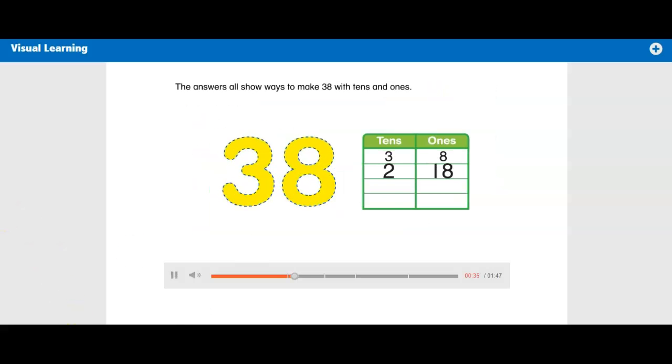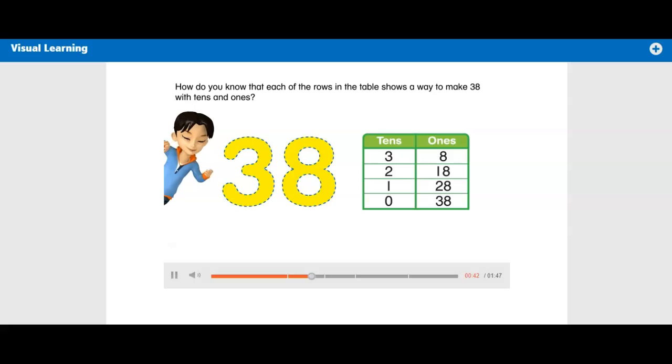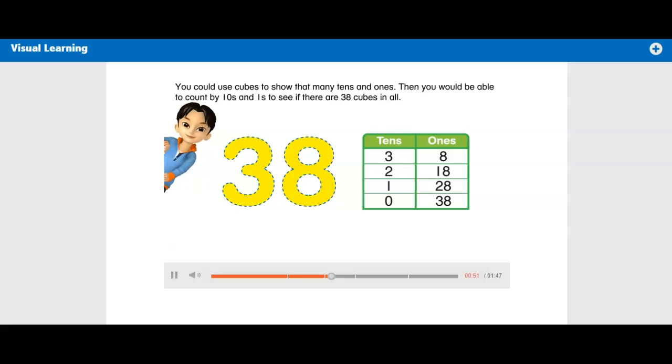The answers all show ways to make 38 with tens and ones. How do you know that each of the rows in the table shows a way to make 38 with tens and ones? You could use cubes to show that many tens and ones. Then you would be able to count by tens and ones to see if there are 38 cubes in all.